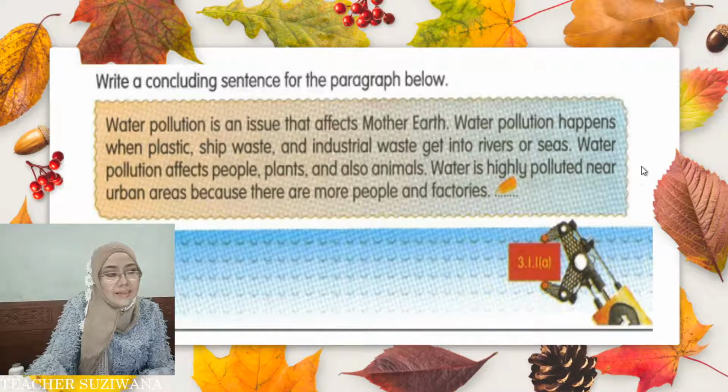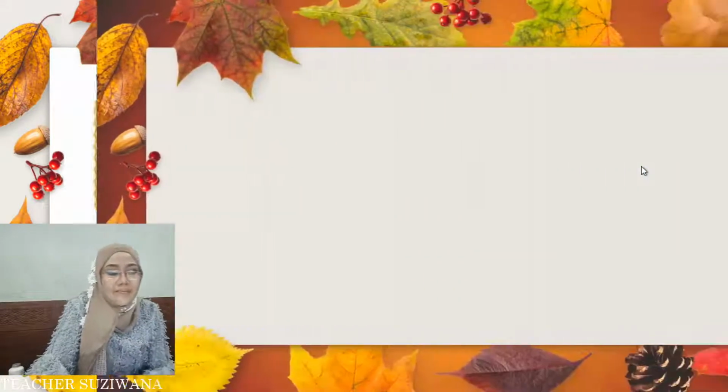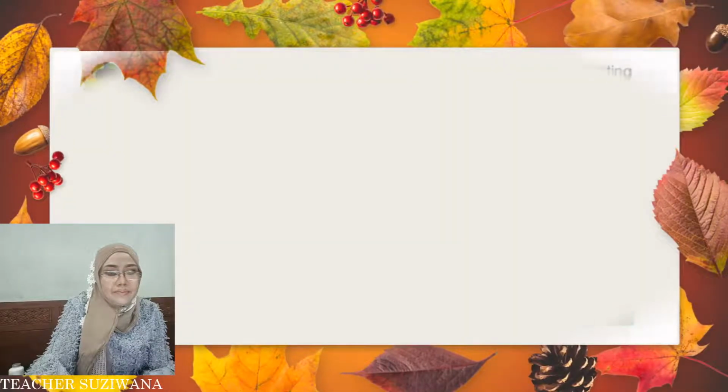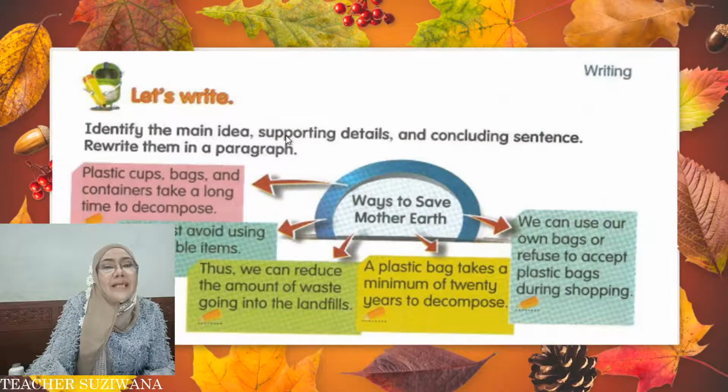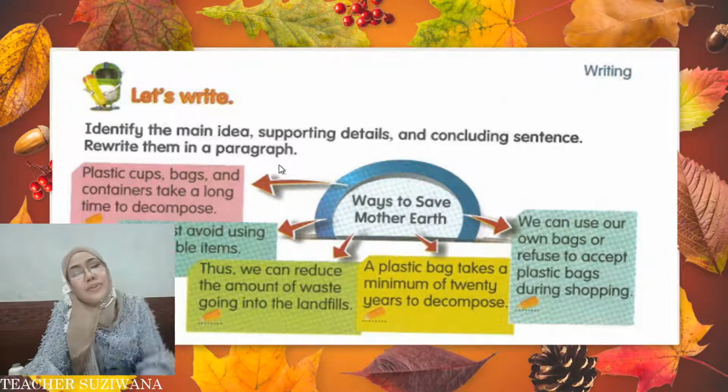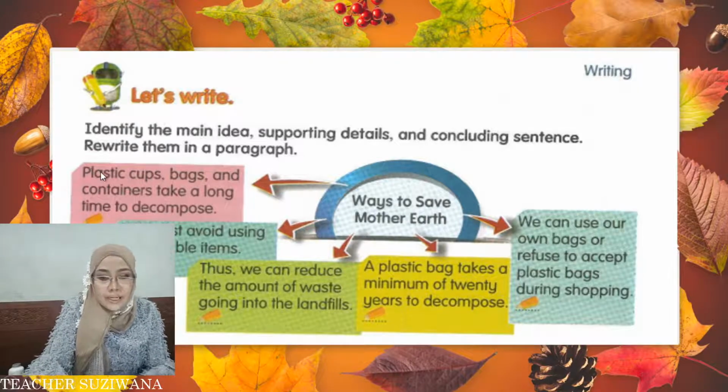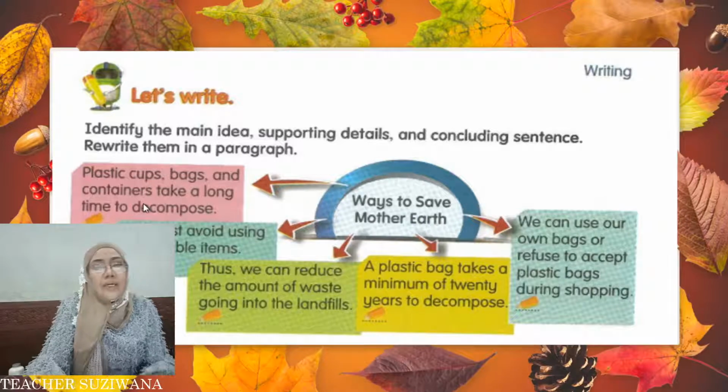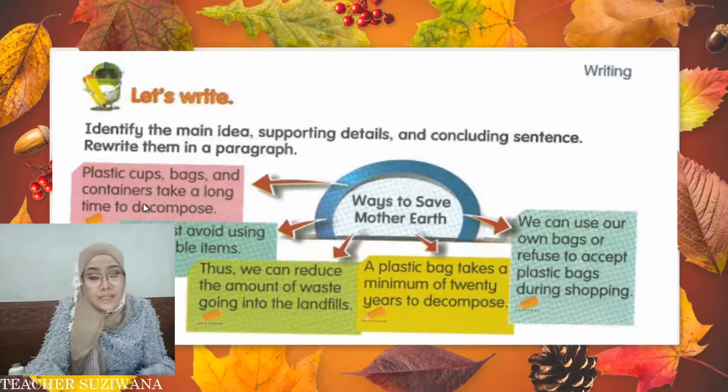Okay, next, second task. Identify the main idea, supporting details, and concluding sentence. Rewrite them in a paragraph. What I'm going to do is, you look here, plastic cups, bags, and containers take a long time to decompose. So here, if you say this one is the main idea, look at the pencil here.